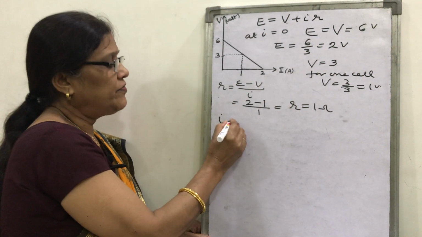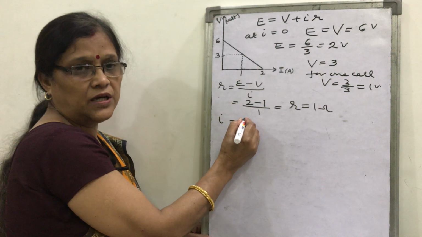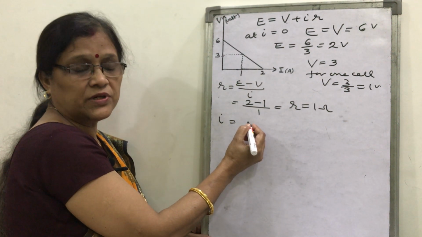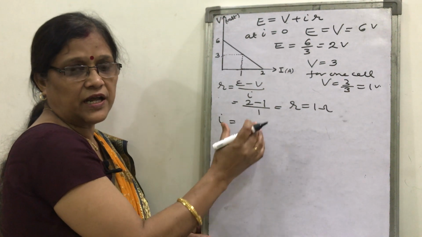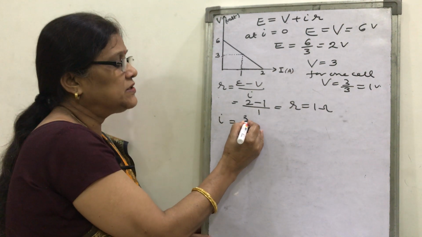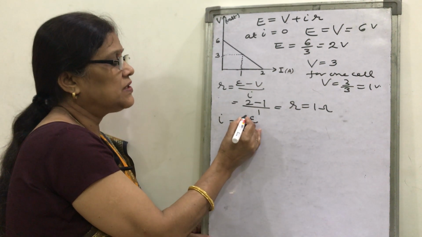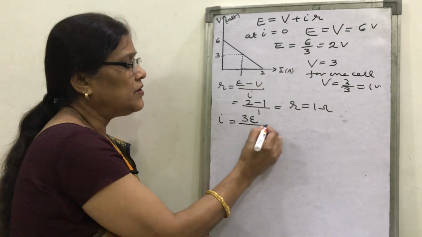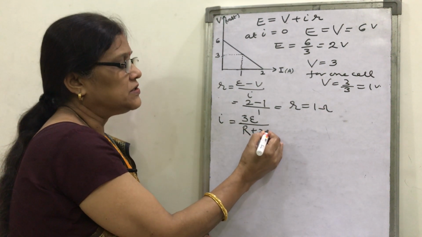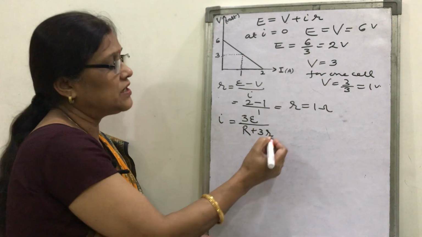Now current from the cells is total EMF upon total resistance. Total resistance means internal and external. So one cell EMF is E, then 3 cells will be 3E upon net resistance: variable resistance R, and internal resistance 3r. They will be connected in series.